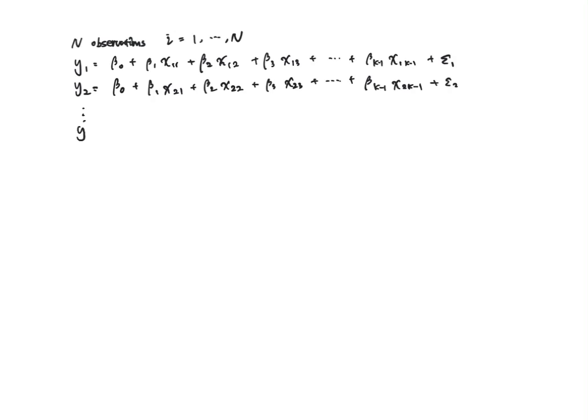And we have n observations, so the nth observation looks like yn equals beta 0 plus beta 1 xn1 plus beta 2 xn2 plus beta 3 xn3 plus beta k minus 1 xn k minus 1 plus epsilon n.